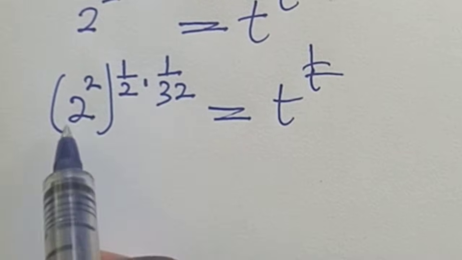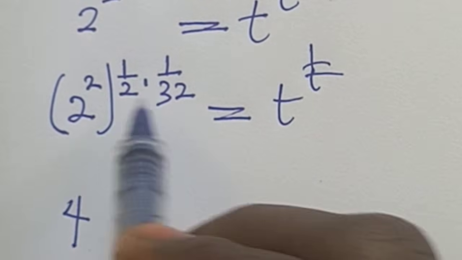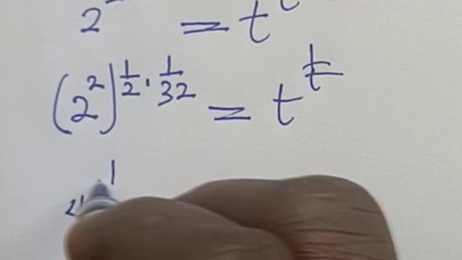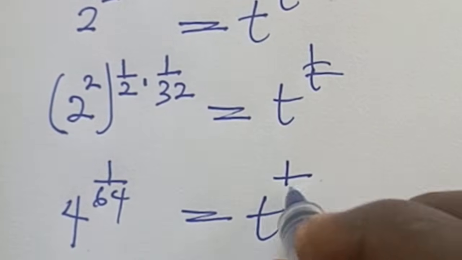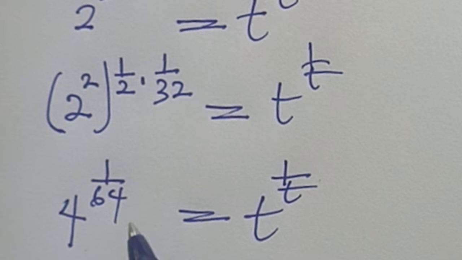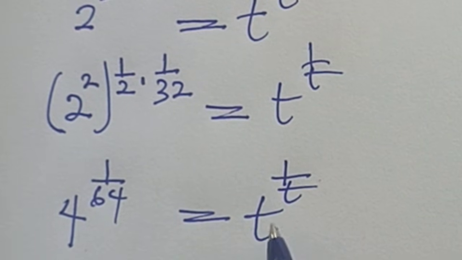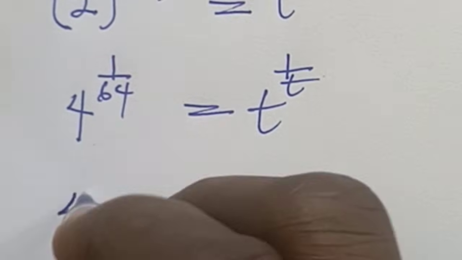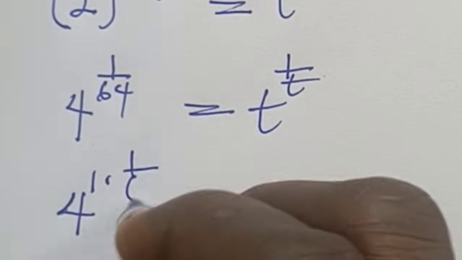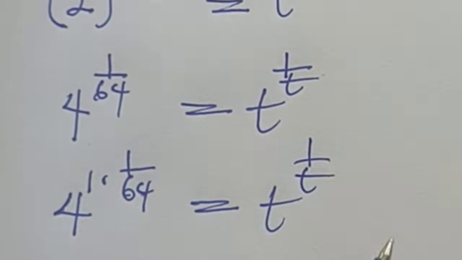And if you do this very well, we're going to have 2 to the power of 2 as 4, and 2 times 32 as 64, so 1 all over 64 equals t to the power of 1 over t. The target is to mathematically arrange and manipulate the left-hand side to look like the right-hand side. So what we'll do next is to write 4 to the power of 1 times 1 over 64 equals t to the power of 1 over t.